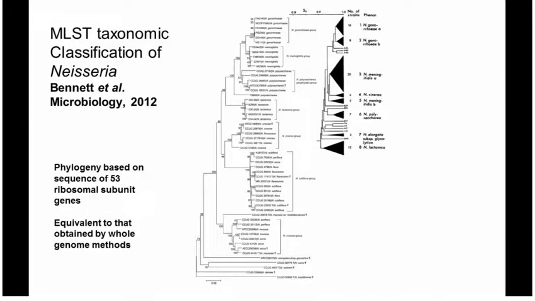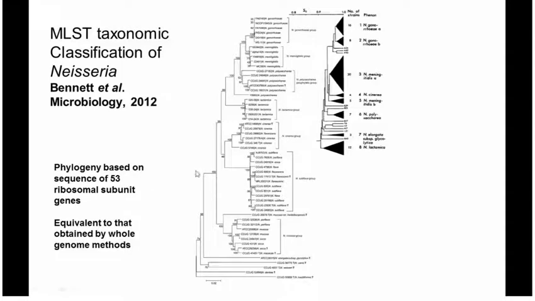So how do these two approaches compare? I found a similar paper on Neisseria published in 2012, about 20 years later. They are trying to do the same thing as the previous paper, classify the different species of Neisseria.